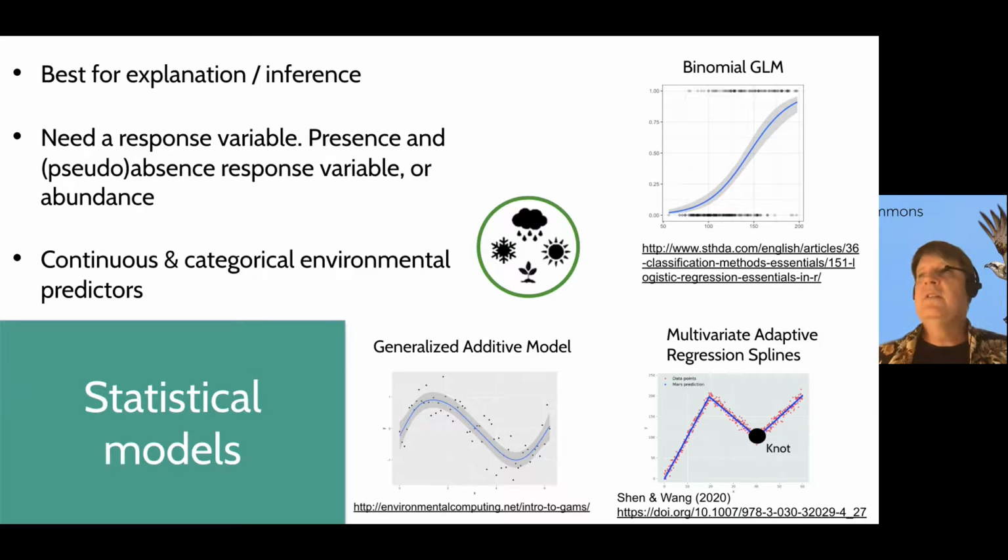And there's different kinds of correlative models. So these are statistical models, and generally they can be very good at generating predictions if you really understand the model and the relationships between variables. But they tend to be best for explanation or inference.